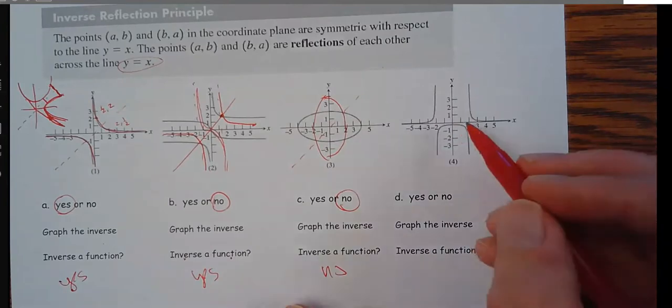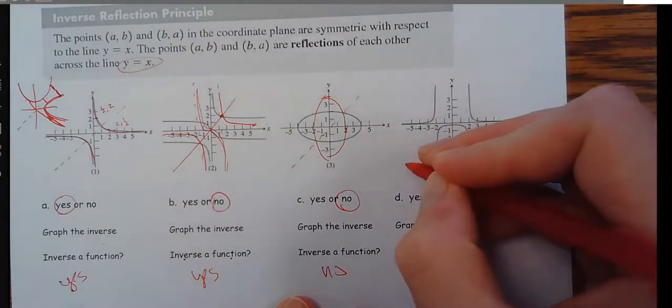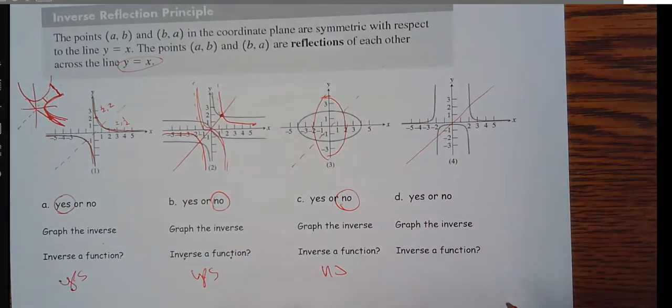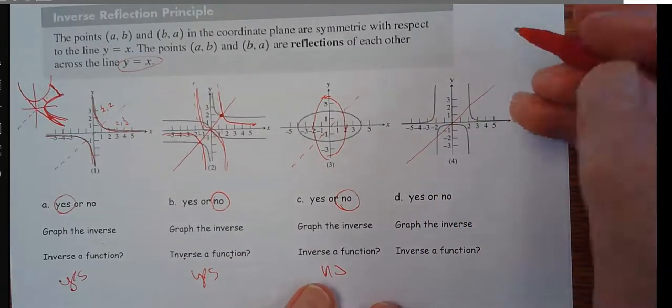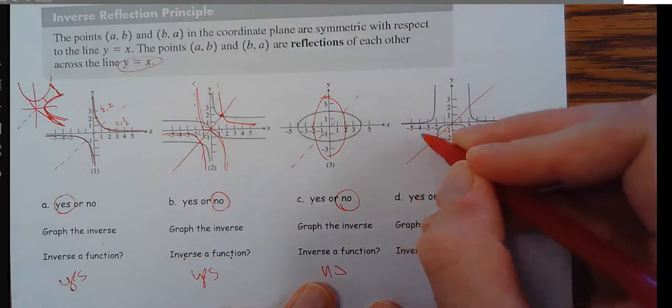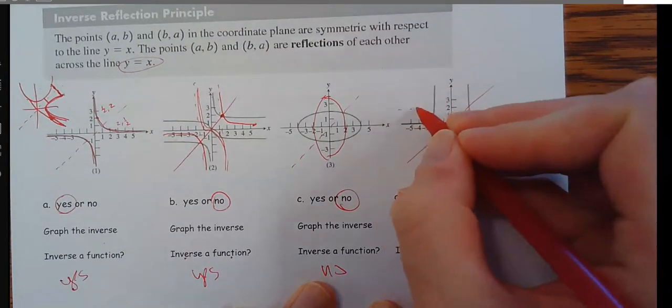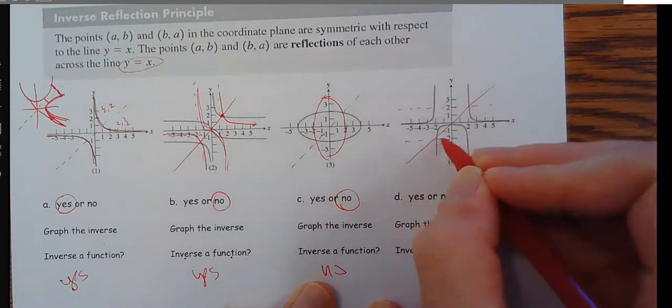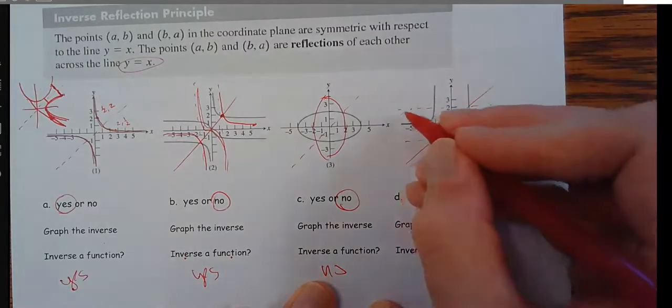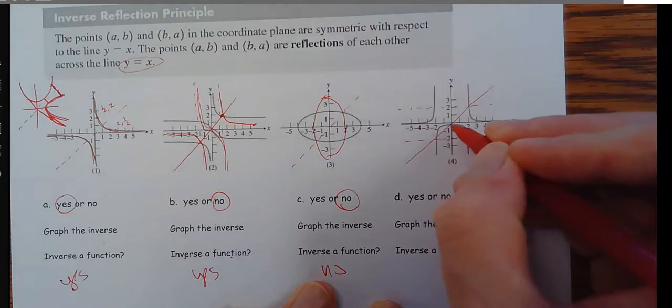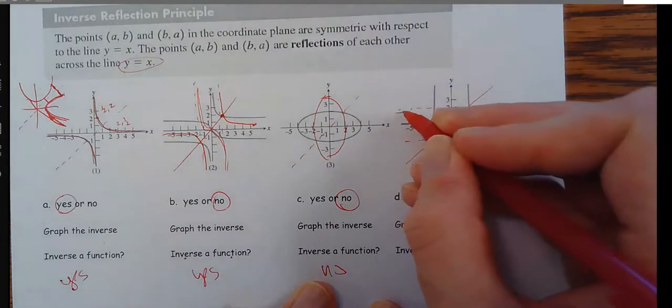Okay, and then now this guy here, and think of that line going through there, and I want to reflect everything. Looks like my asymptotes are at 2 and -2, so that means my inverse is going to have asymptotes going this way at 2 and -2, and that comes down to about maybe a half. It's going to look something like this.